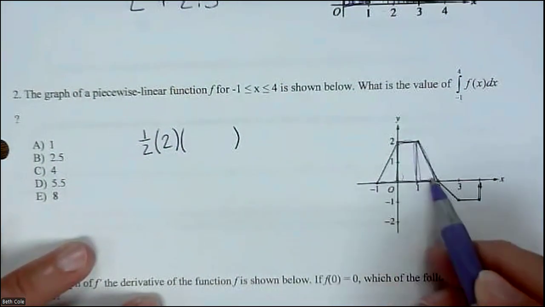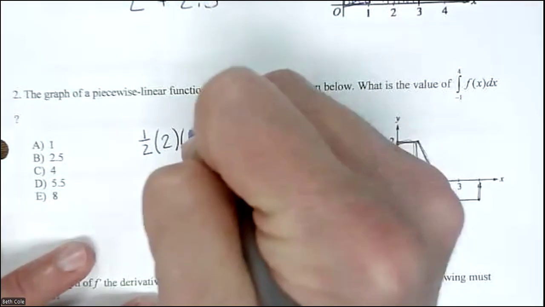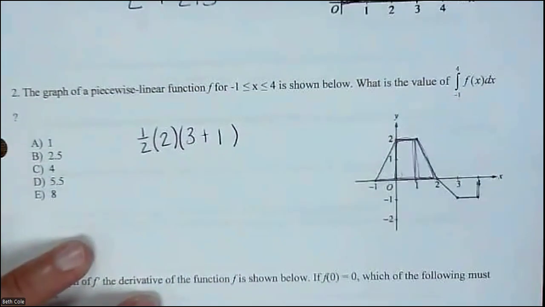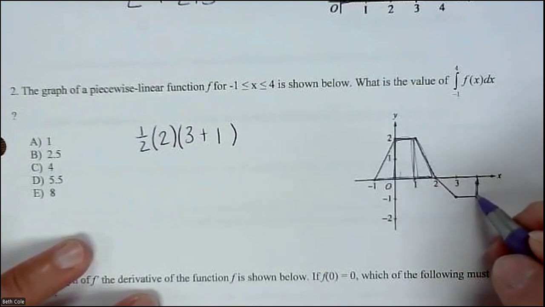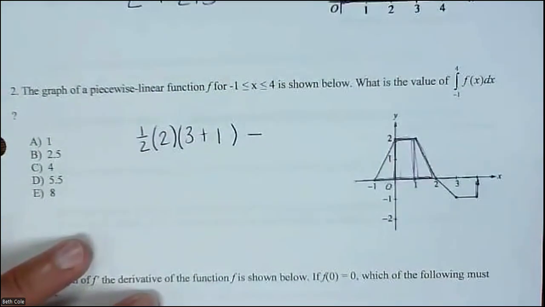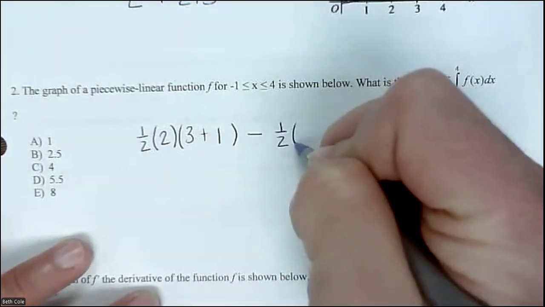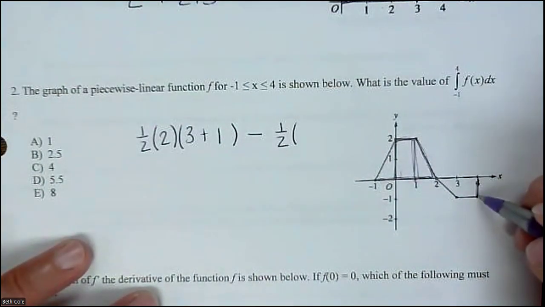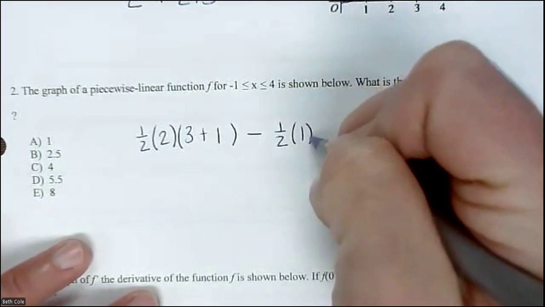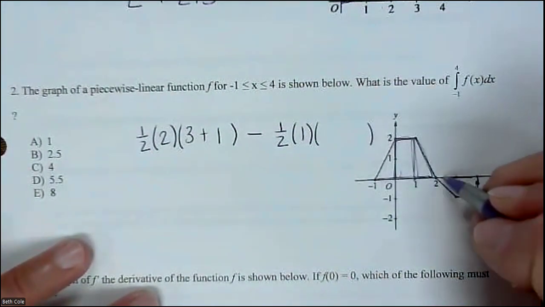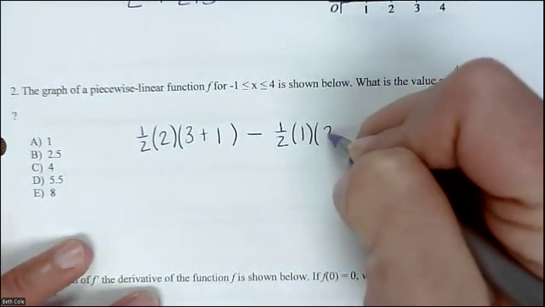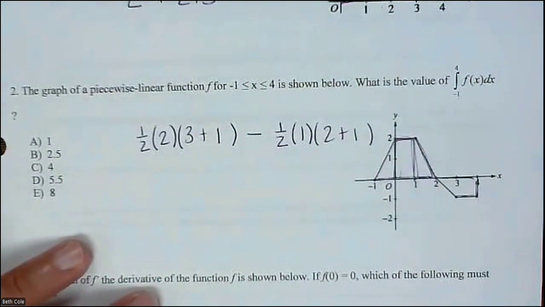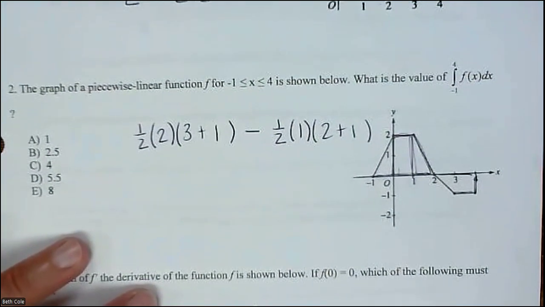So the bottom one is 3, the top one is 1. This is also a trapezoid, but I am going to subtract because it's below sea level. So 1/2, what's the height? 1. And then what are your bases? 2 and 1. Let's just be quiet and let everybody work that out, and we'll make sure we all get the same thing.